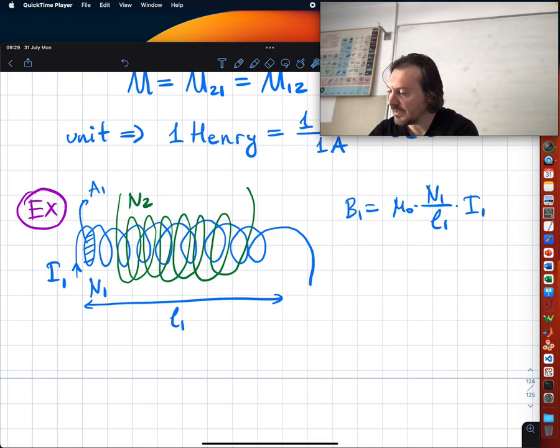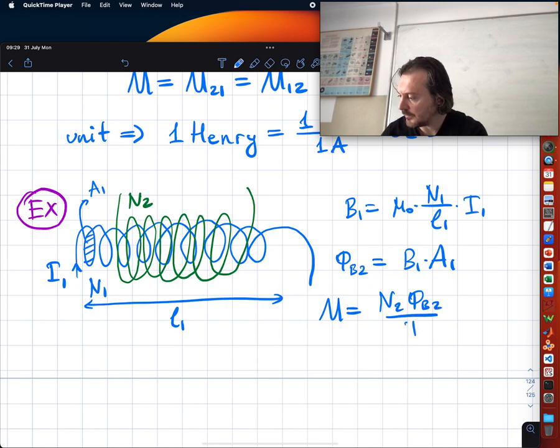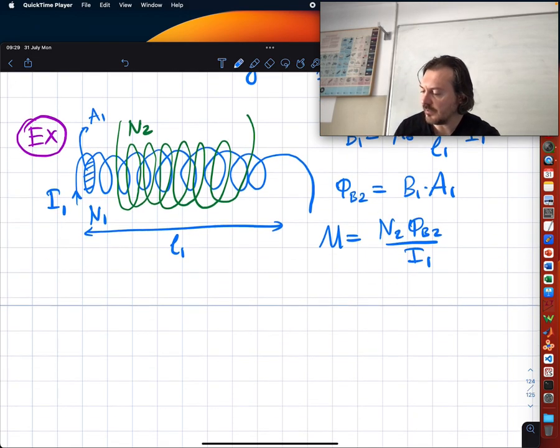Okay, so magnetic flux in the second one is simply B1 times A1. Now remember, the mutual inductance was defined as N2 phi B2 over I1. So let's put everything together.